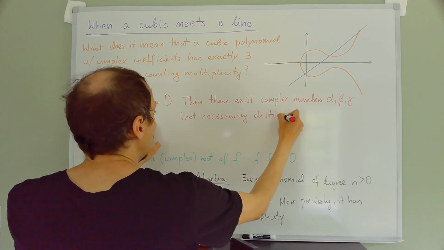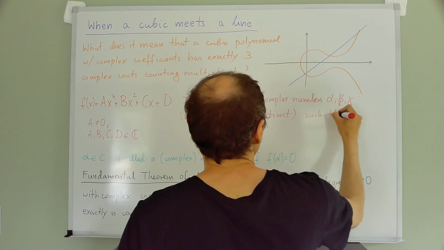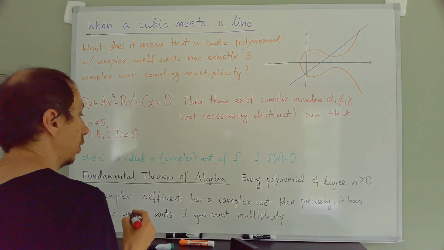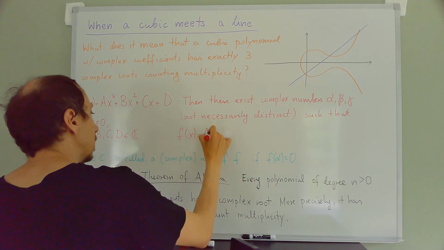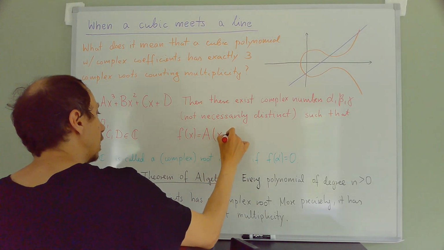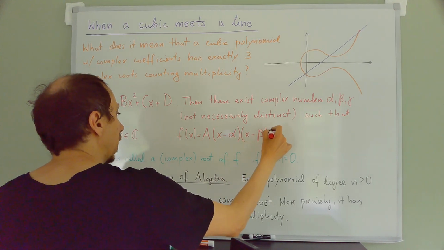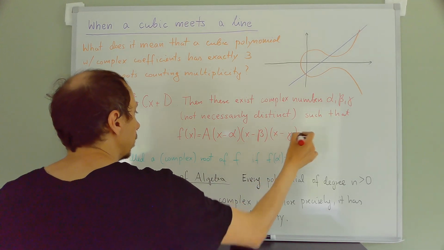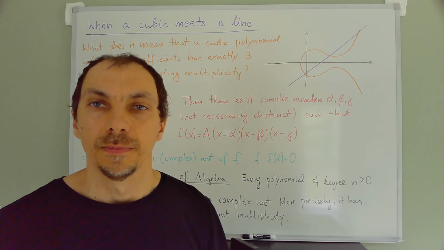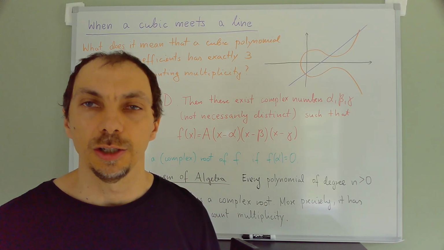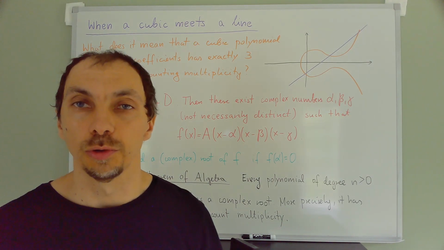So some of them can be the same root, such that my polynomial f of x can be written as a times x minus alpha, x minus beta, and x minus gamma. Okay? In a moment I'll explain to you what it means for a root to have a certain multiplicity.